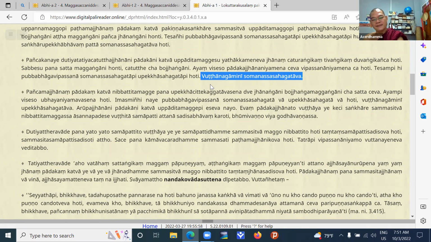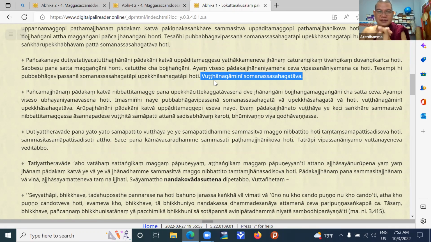Why? So here we have the second jhana, the third jhana, the fourth jhana, Pājaka method. Somanasa was supposed to be somanasa, upekkha was supposed to be upekkha.